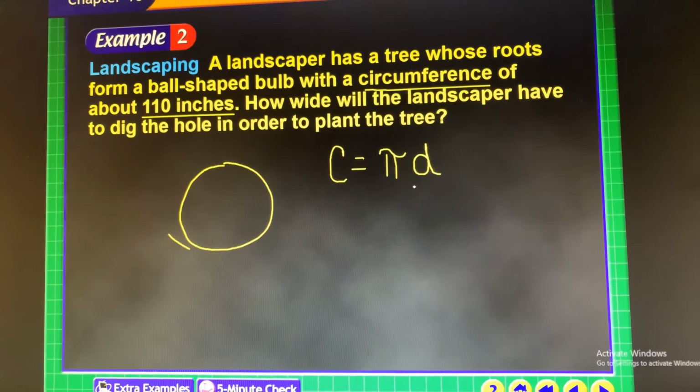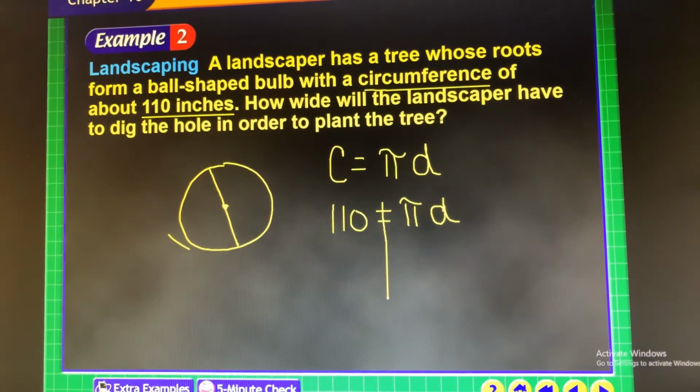You know circumference is pi times diameter. Put in what you know. You know that the circumference is 110 inches. You're looking for the distance across. And if you're looking for the distance across, you're looking for the what? Right, the diameter. So now solve this. It's a one-step equation. Get d by itself.